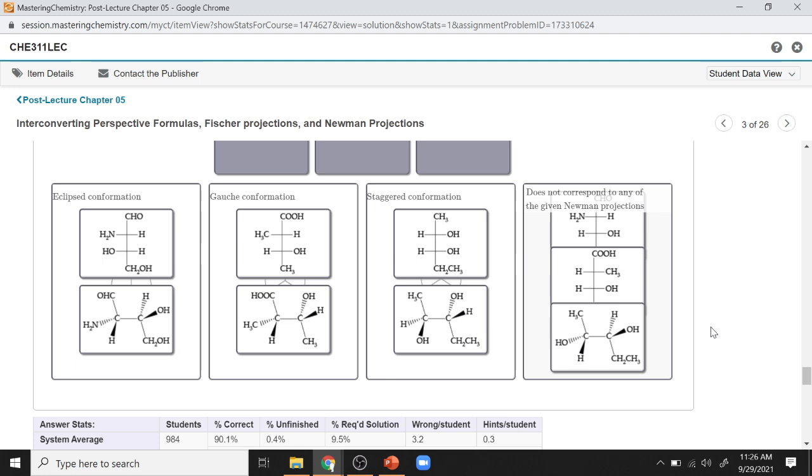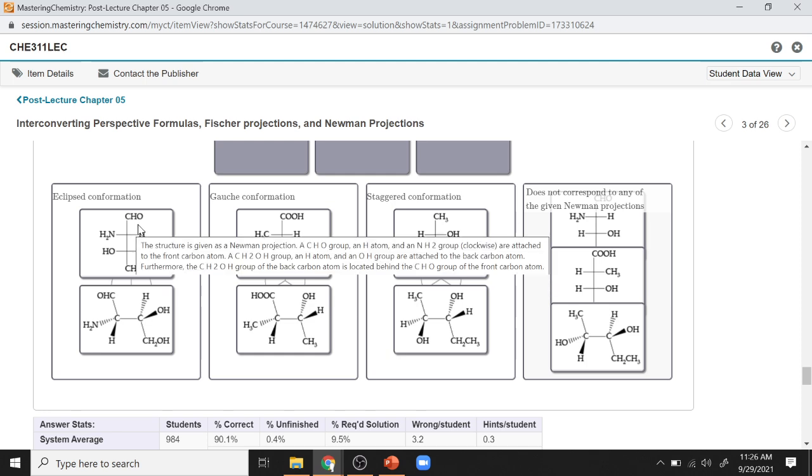Okay. And so again, we're going to look at the Fischer projections, and then we need to figure out our triangles, right? So here we have a CHO, and on the bottom left of a triangle with this on top, you would get an NH2, right?